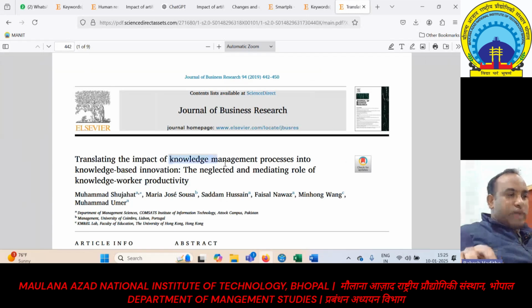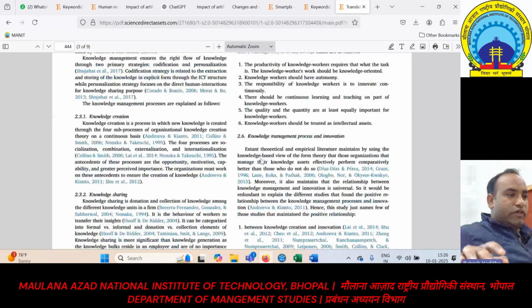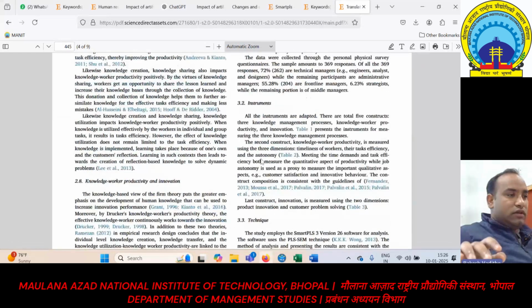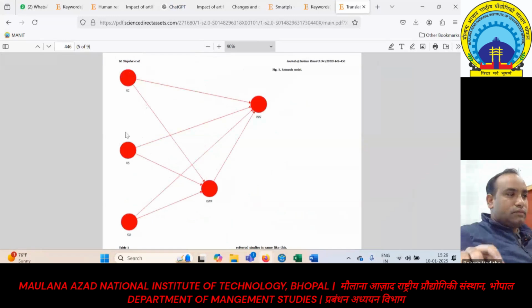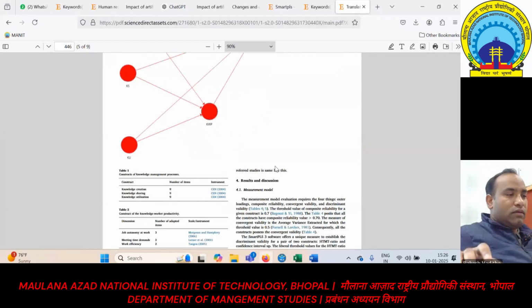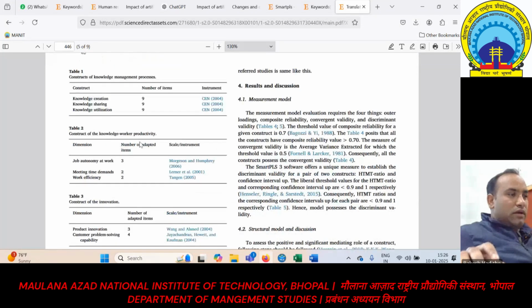This was on the knowledge management process. We will look into his model. He proposed this model, and for knowledge creation he took 9 items.